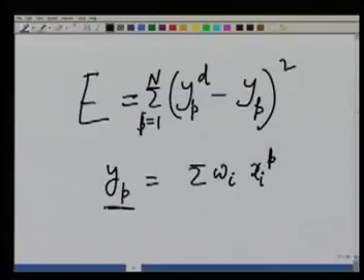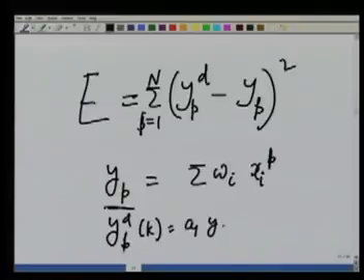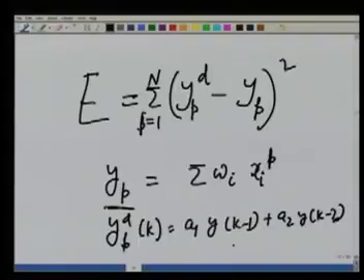We want to identify these weights, and the system provides an output ypd, the actual system, and in our case the actual system was ypd k is a1 y k minus 1 plus a2 y k minus 2 plus b1 u k minus 1.